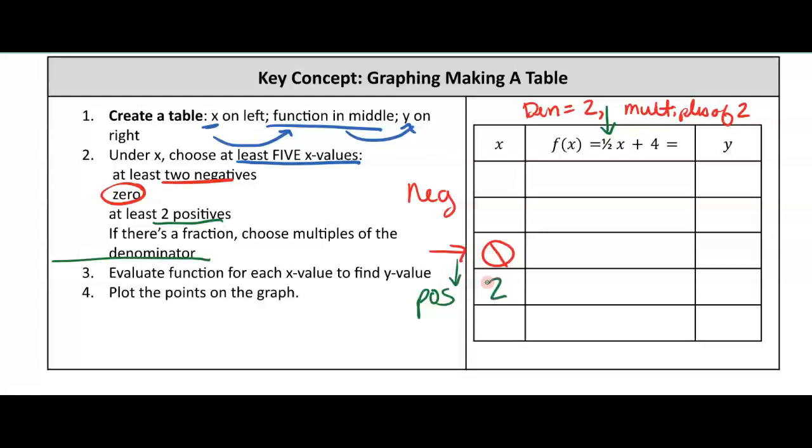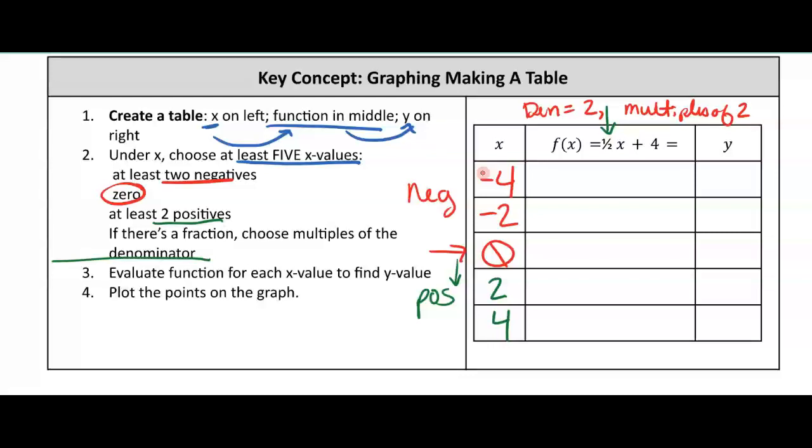Okay, what multiple of 2 comes after 2? 4. 0, 2, 4. And then for the negatives, we just go in the opposite direction: 0, negative 2, negative 4. And that's a good typical, standard set of values to choose for this function.